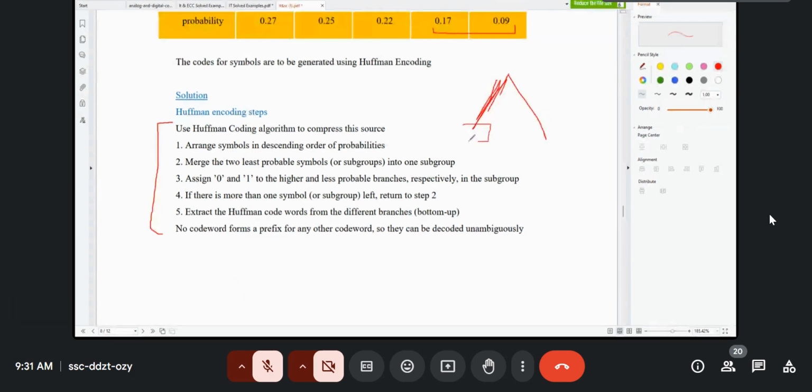The two are these ones you have merged into one node. So this one will be 0 and this will be 1. That's what it means, because the more probable is on the left and the less probable is on the right. So the more probable gets a 0, the less probable gets a 1.